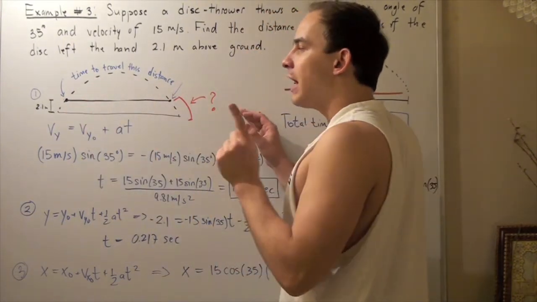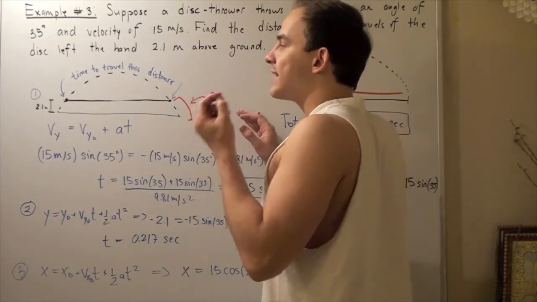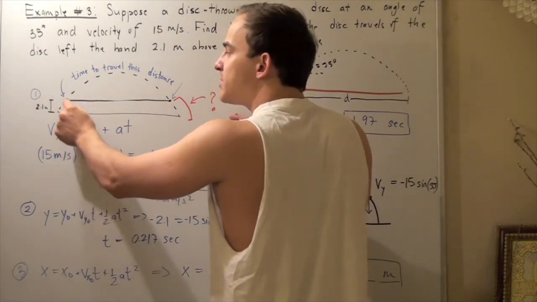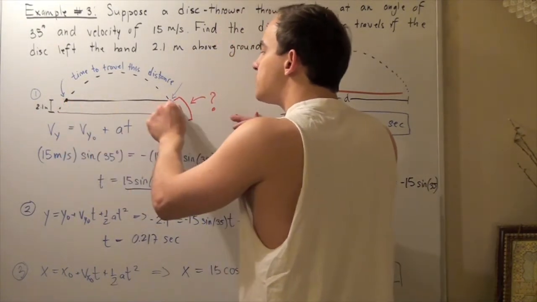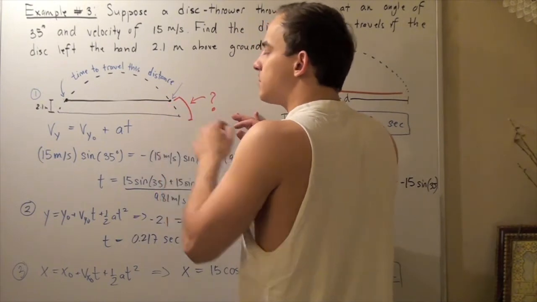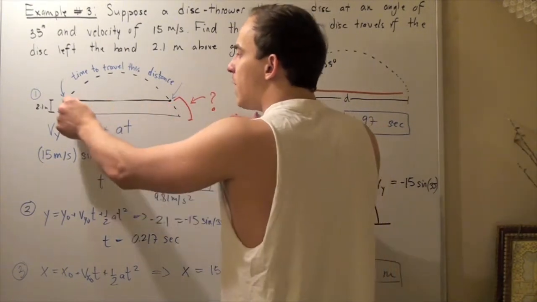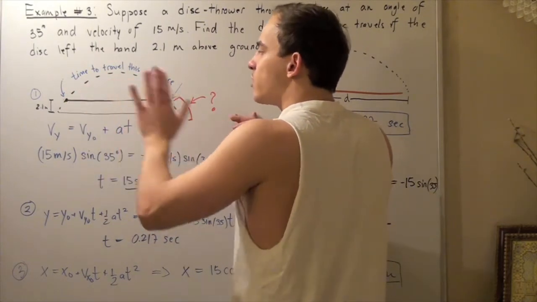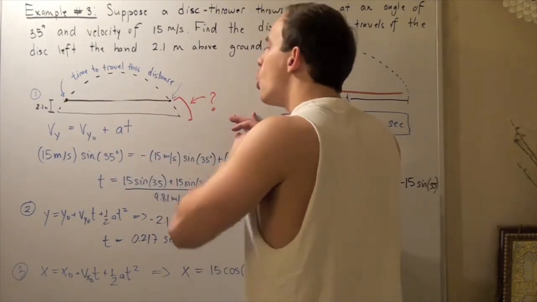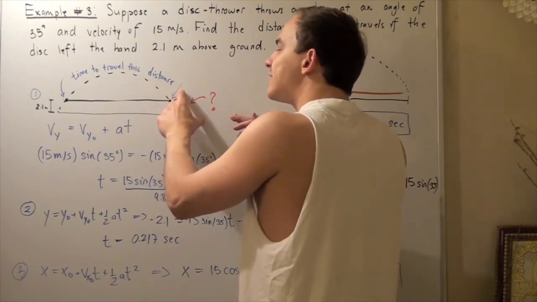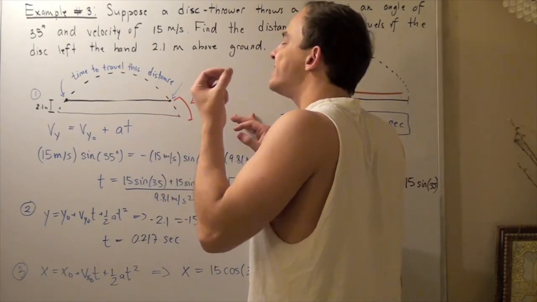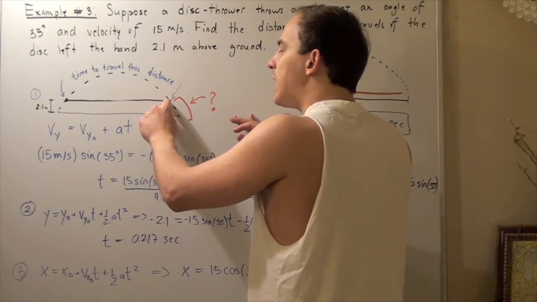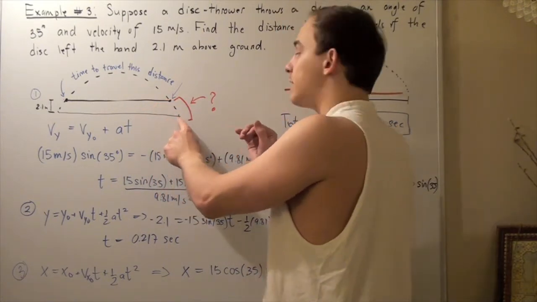And we want to find how long it takes our disc to travel from this point, which is actually 2.1 meters above the ground, to this point, which is also 2.1 meters above the ground. So we simply want to find how long this parabolic pathway takes. So that's step 1. In step 2, we're going to find this last section here, or how long it takes our disc to travel from 2.1 meters above the ground to our final ground.